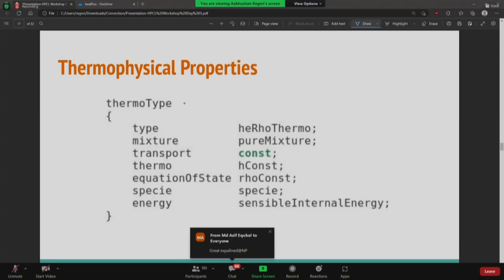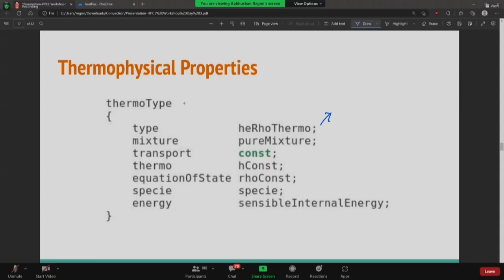Now, thermophysicalProperties is one of the very important files in our simulation, since it contains the equation that we are going to use, as well as the parameters or the properties of the fluid that we are defining. So it helps us to construct a fluid thermo model that allows us to specify the thermophysical model. So let's start with this top thing. This is the thermophysical model for fixed composition.